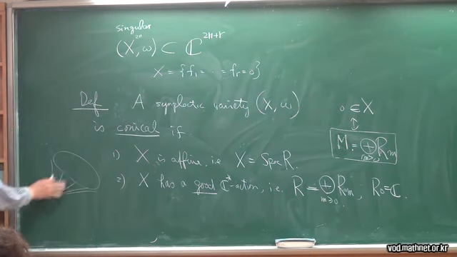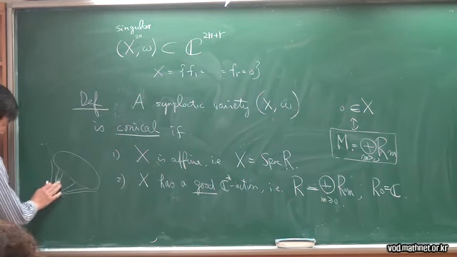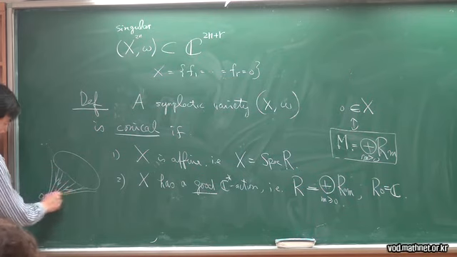So X looks like a cone, and the C-star action is something like this, a contracting action.